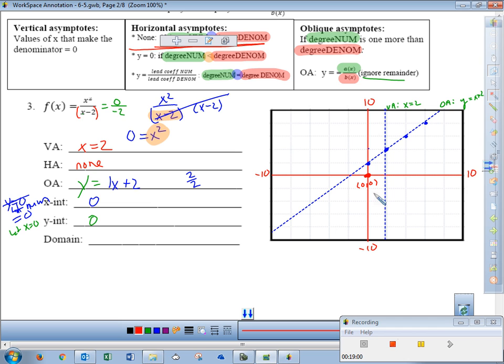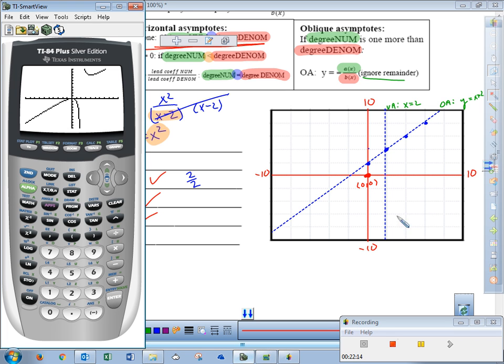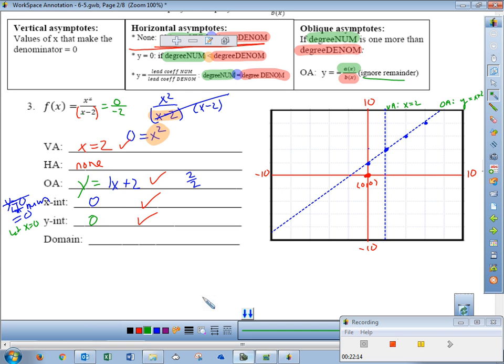Is there any other information here that I need to put on my sketch? We have taken care of that one. We have taken care of that one. Correct? It is now time to do a nice little freehand of the information. So grab your pencil and pick a color.